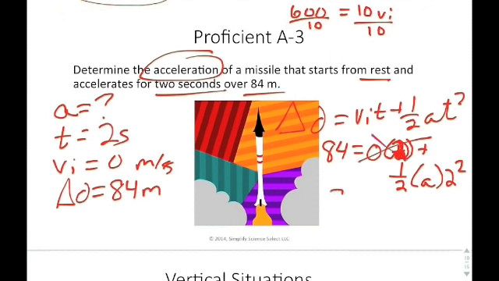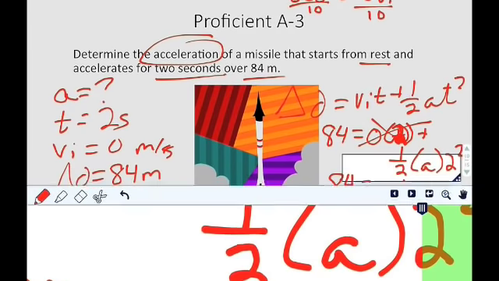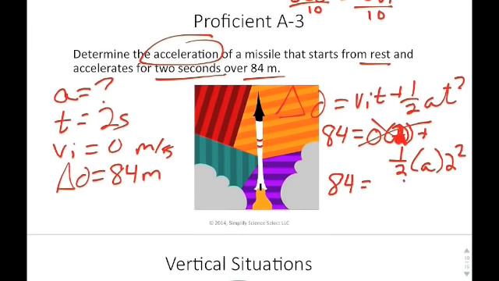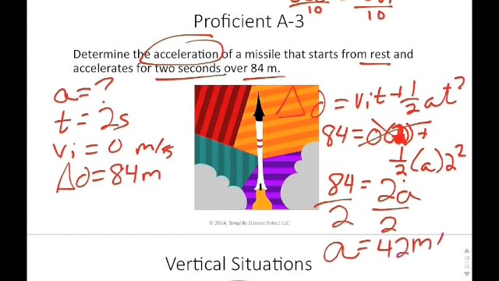So what I'm left with is 84 is equal to 1/2 of a times 2 squared. 2 squared is 4, so 4 divided by 2 is 2. You get 2a. Divide both sides by 2, and you get the acceleration is equal to 42 meters per second squared.